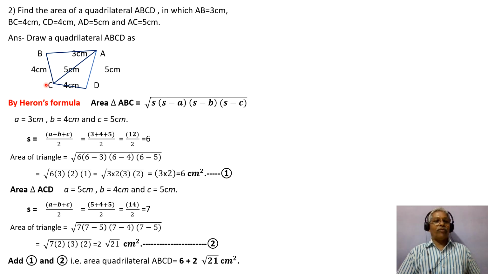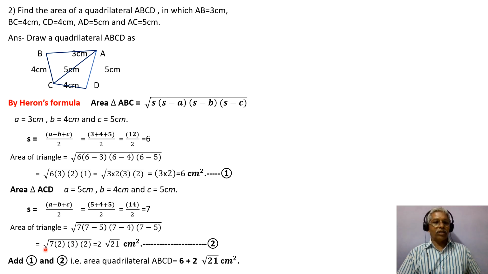And area of this triangle, okay, ACD. So area of ACD, where A is 5 centimeters, B is 4 centimeters, and C is again 5 centimeters. Okay, so S equal to A plus B plus C upon 2, or that equals 5 plus 4 plus 5 upon 2, that is 14 upon 2 is 7. Okay, now substitute. The area of triangle equals root of 7 into 7 minus 5 into 7 minus 4 into 7 minus 5.